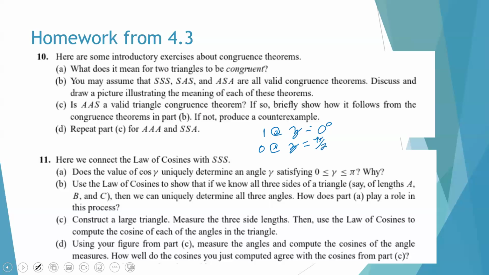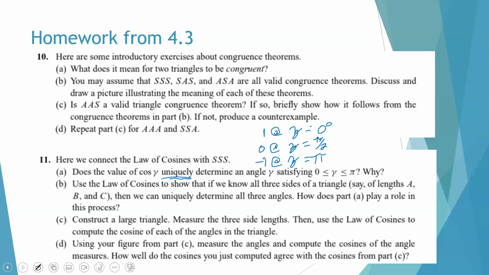Our interval only goes up to pi, so 0 to pi. And then at -1, right? This is me knowing what a cosine function looks like. You guys should know what a cosine function looks like. Yeah. So yes, it's going to go from 1 to -1. So yes, it absolutely does uniquely determine. So maybe say that.